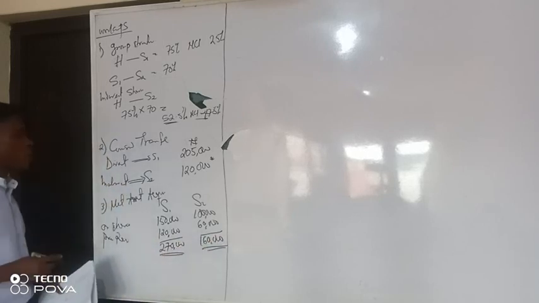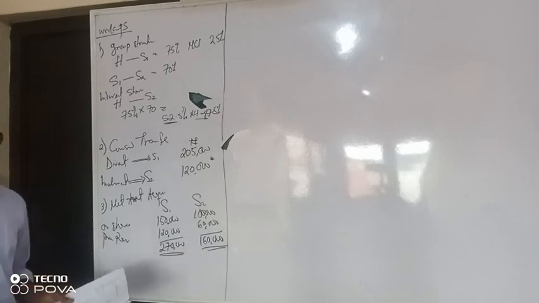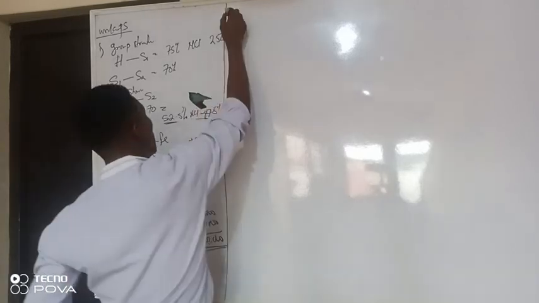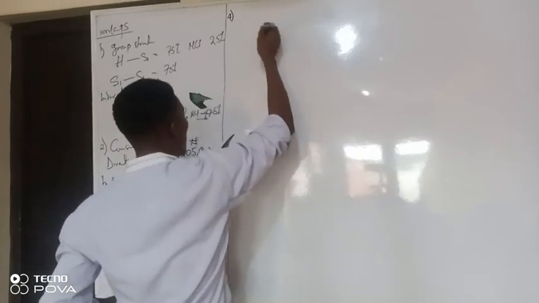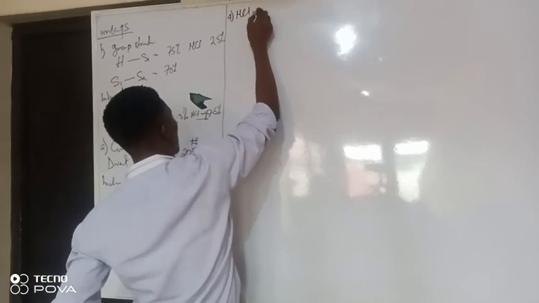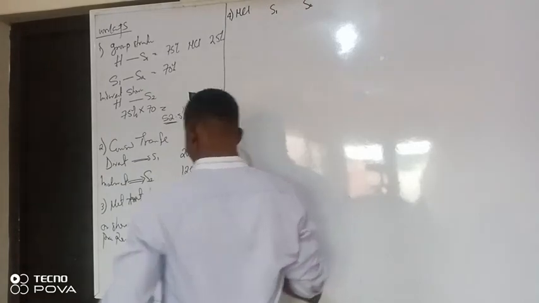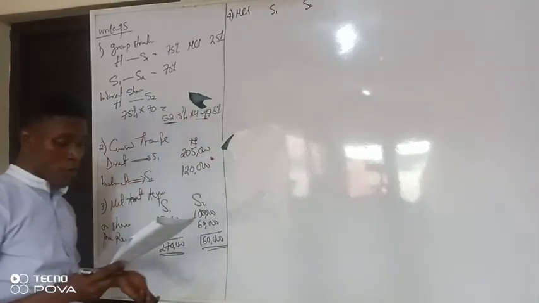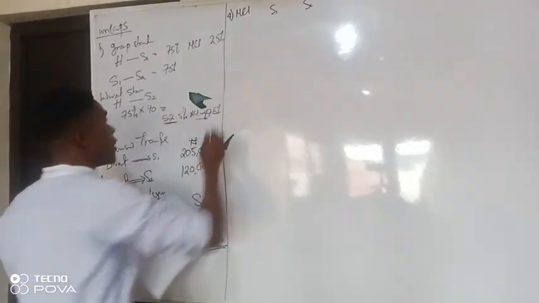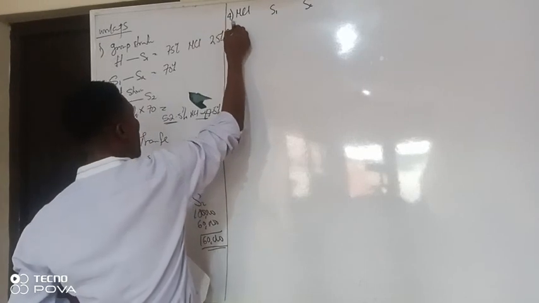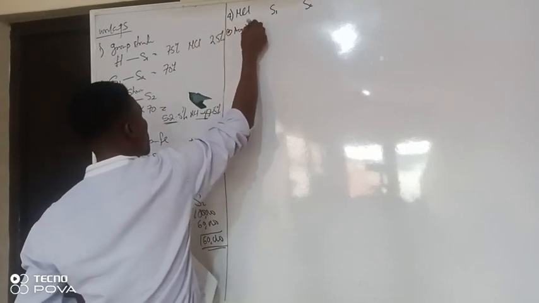Then next one, NCI. How do we measure our NCI? Is it at fair value? You don't know. So we are going to use the proportionate share of net assets acquired at the acquisition date.